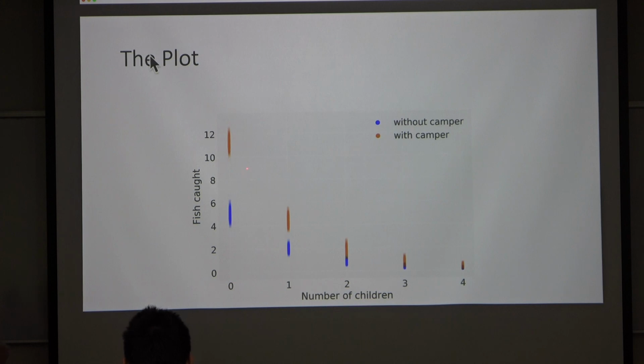The difference is more significant at first, but when a family has 4 children, there's almost not much difference. And also, when a family has more children, it tends to catch fewer fish. This is also something you can observe, which is very consistent.